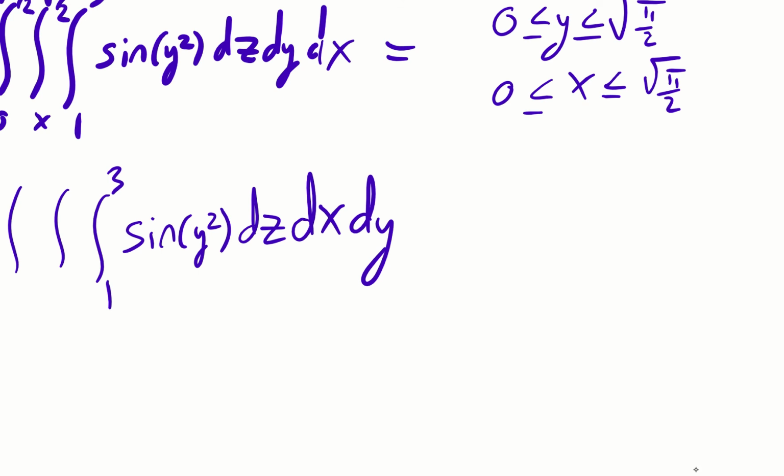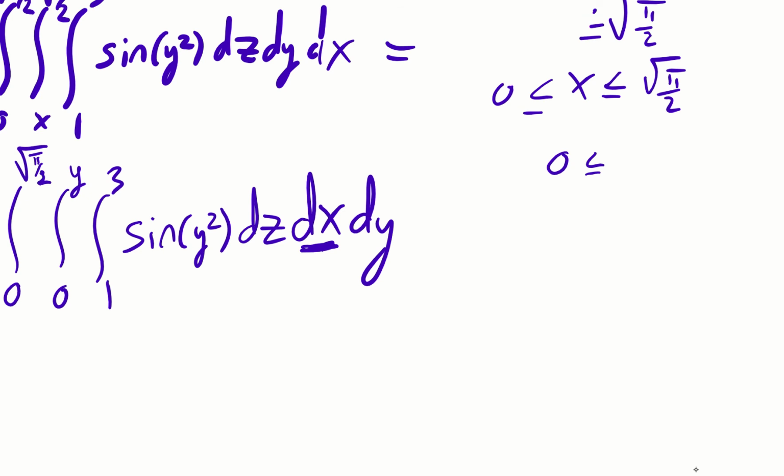Well, this also tells us that the bounds for the variable x will be between 0 and the y value. So that's our bounds for x, and y will still range from 0 to the square root of pi over 2.